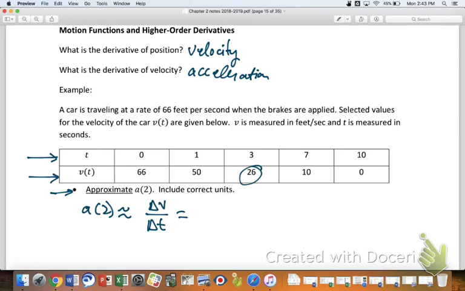I think 26, because we're going to use this interval right there. That make sense? So 26 minus 50. Are you guys okay with this? Okay. Divided by what time difference? 3 minus 1.